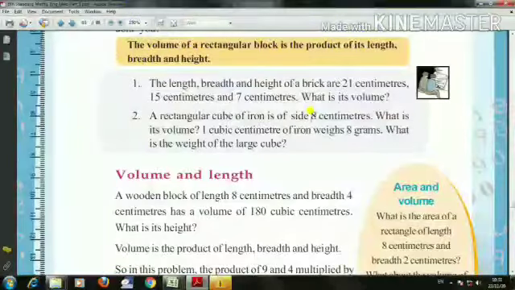Try to find out the answer for this. One more question is there. If a cubic centimeter of iron weighs 8 grams, then what will be the weight of the entire cube? We have to find the answer there also, multiplying with 8 grams so as to get the total weight. Try to do it.